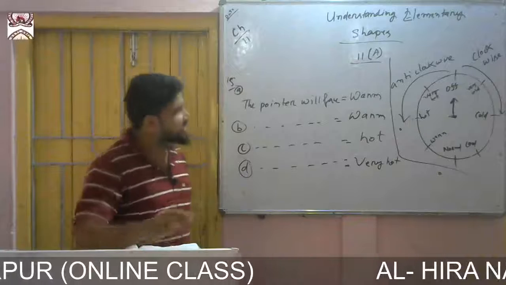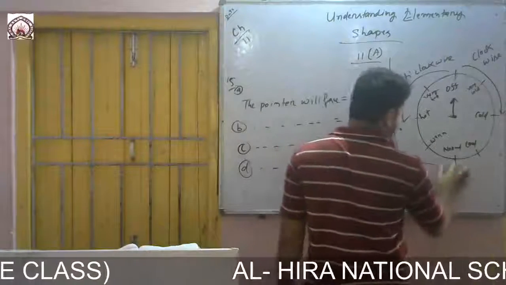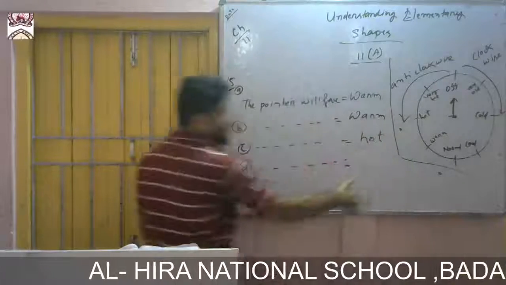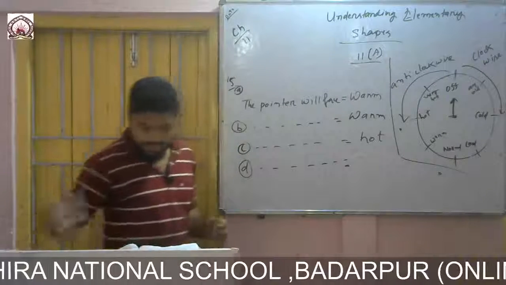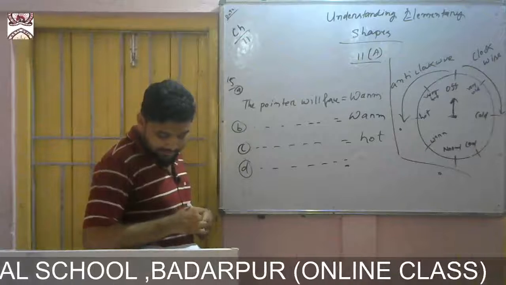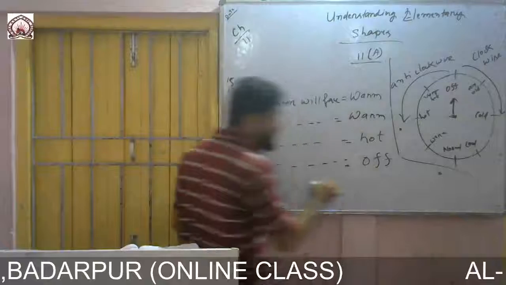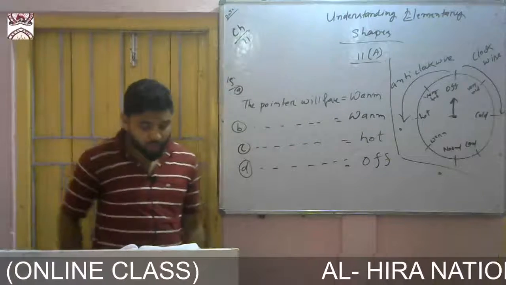So from cold if I start clockwise, then 6 markings: 1 2 3 4 5 6. So it is off. It is off.